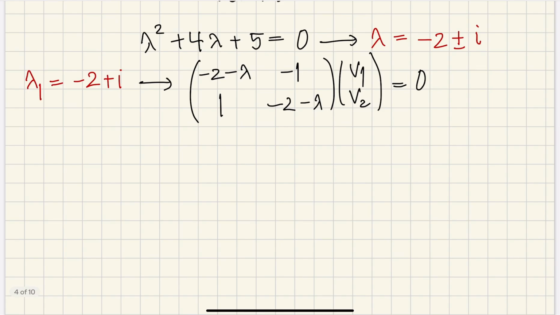Now if you substitute this here and here, you should get -i, -1, 1, -i.